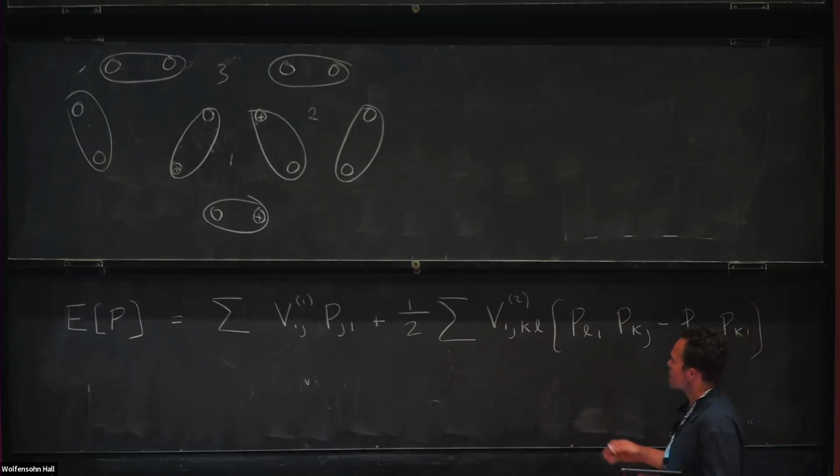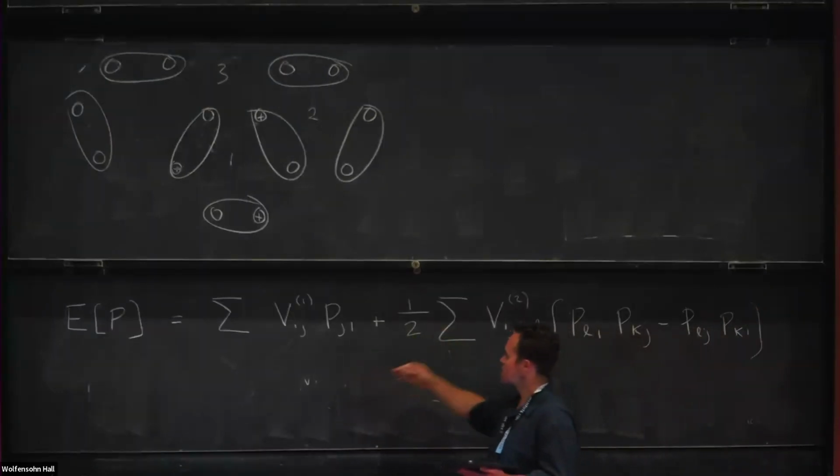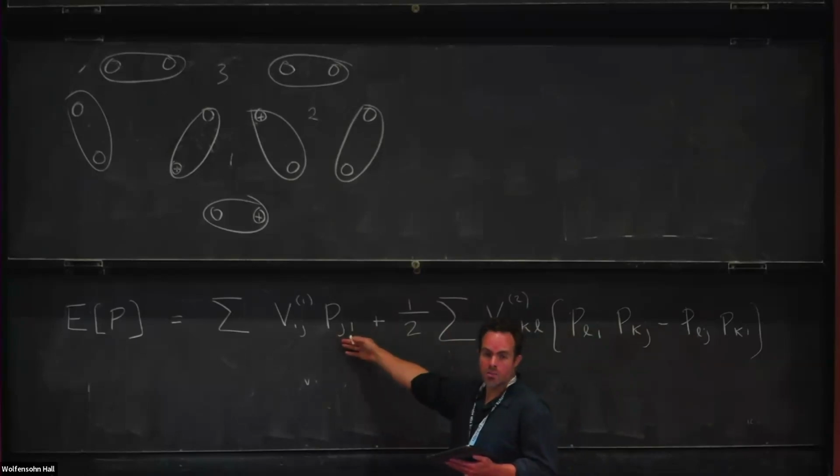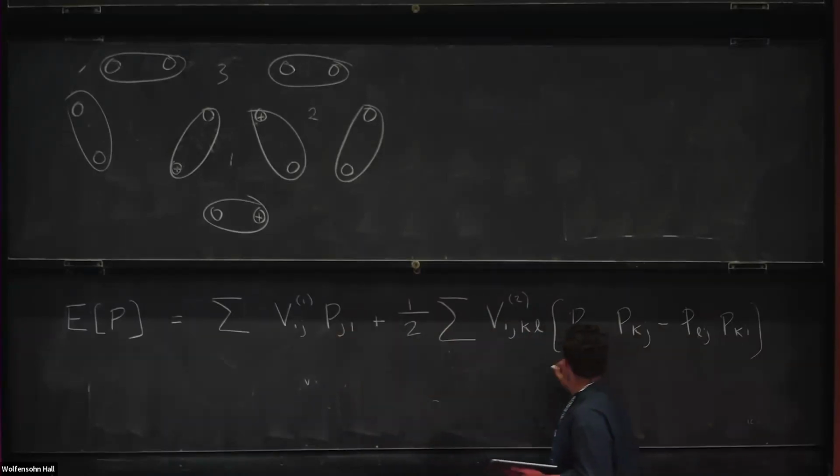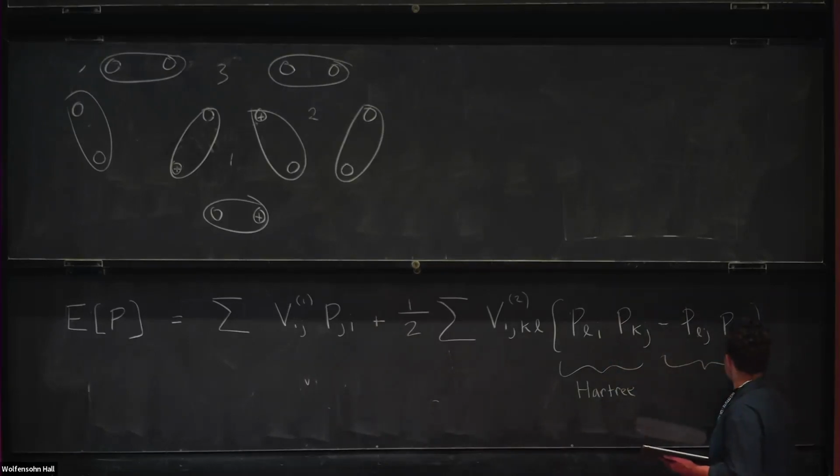So in this context, the expected energy is a sum of 3 terms, the non-interacting part. This term here, we call the Hartree part of the energy. And this term here is called either the Fock or the exchange term.